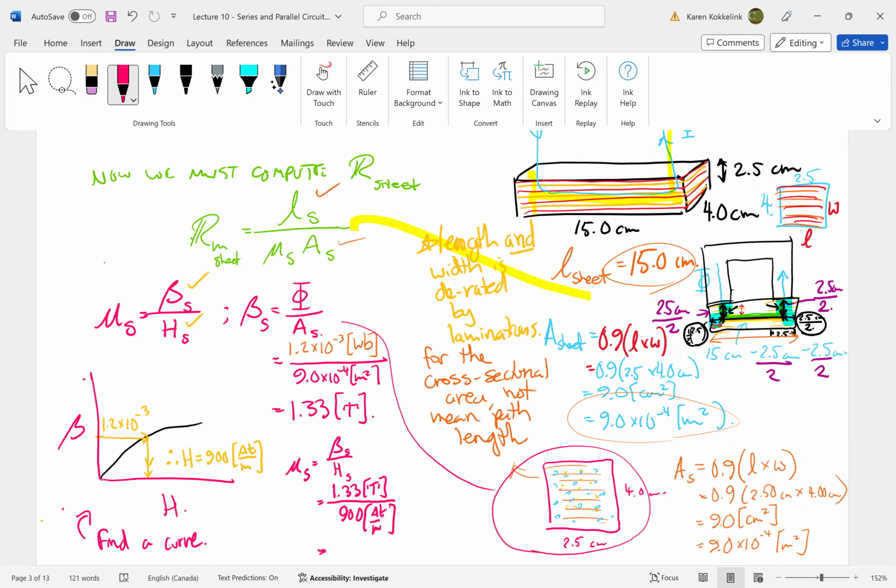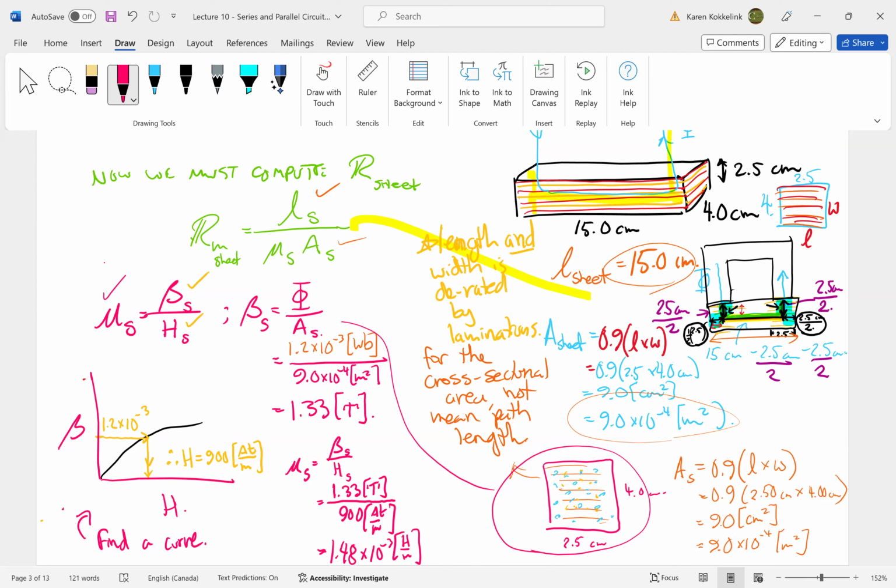I think it is around 1.48 times 10 to the negative 3. And if you carefully go back through the units, this would be in henries per meter.